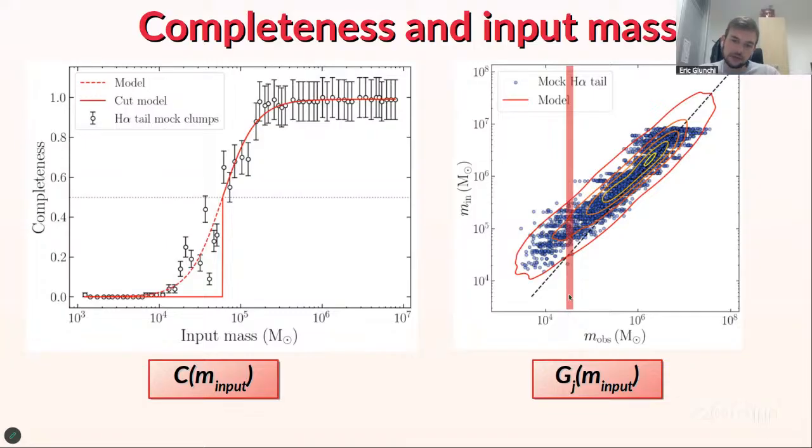So given the observed mass of a real clump, we do not know the intrinsic one, but we can build a sort of Gaussian distribution, taking the clumps that are located in this narrow region, that essentially gives us the distribution of possible intrinsic masses at a given observed one. So these two quantities can now be used to correct the mass function.